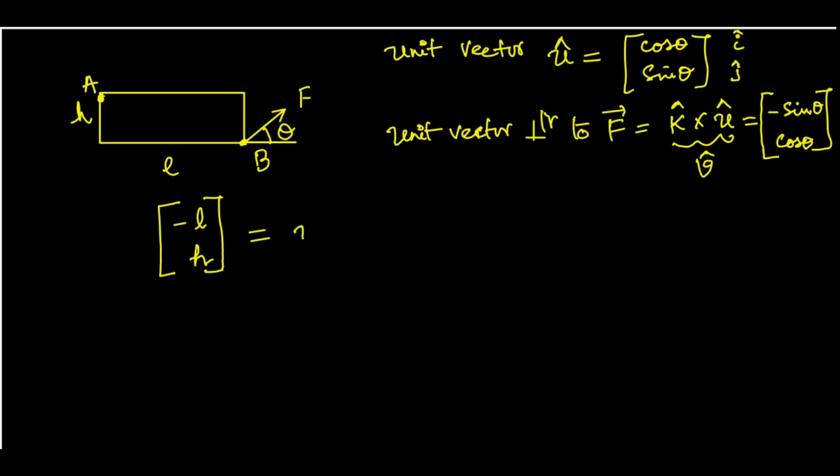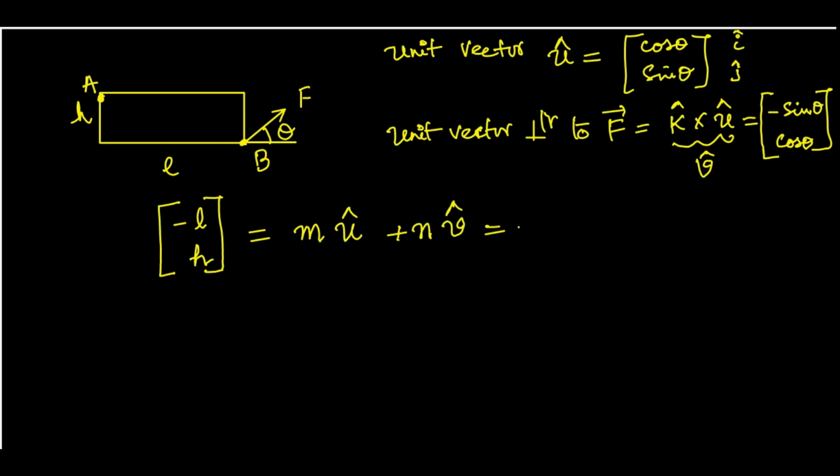This should be equal to some m units along u cap. So if you want to go from B to A, you travel minus L along I and H along J, or you travel some m units along u and n units along the perpendicular direction.